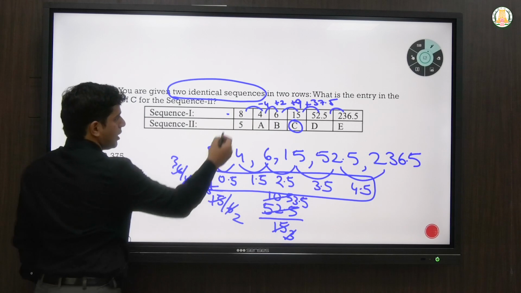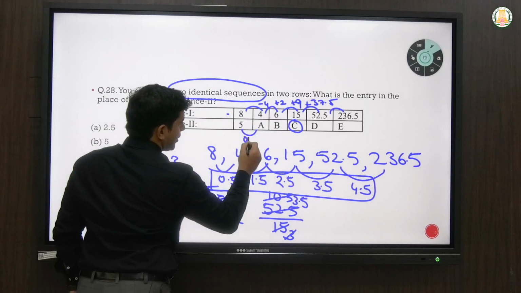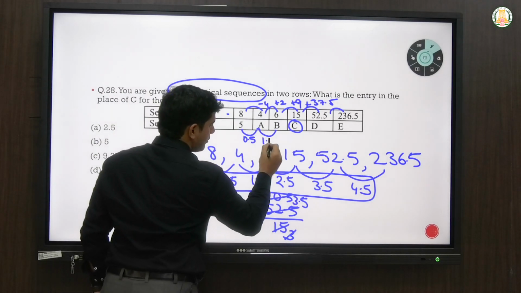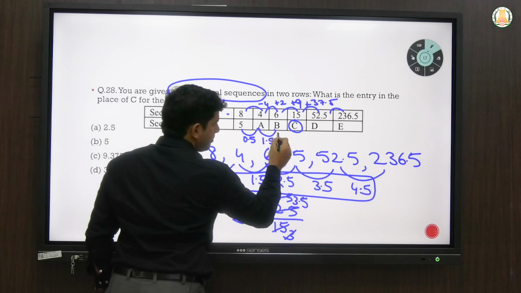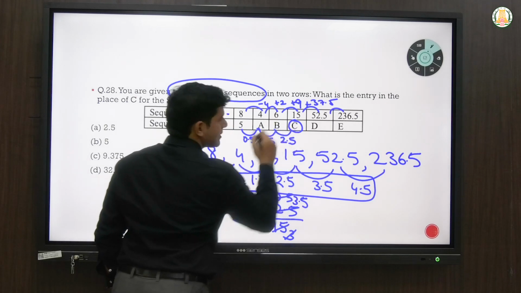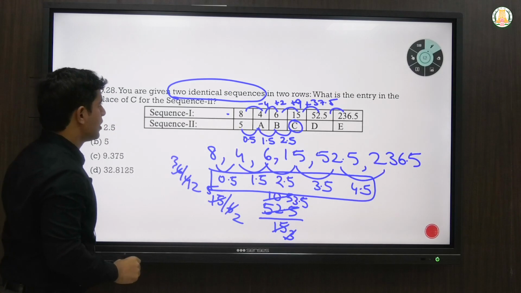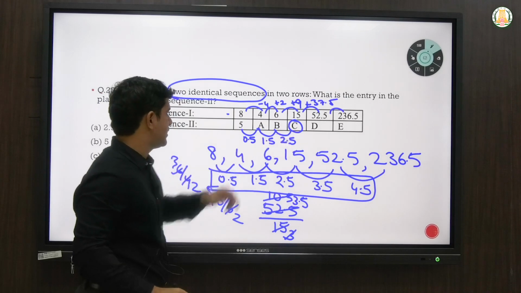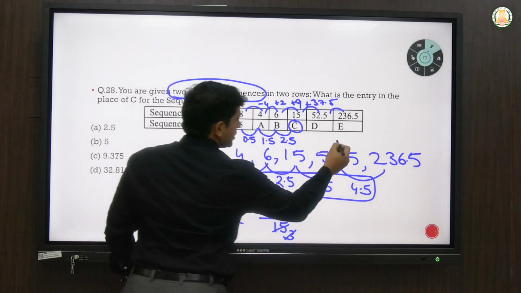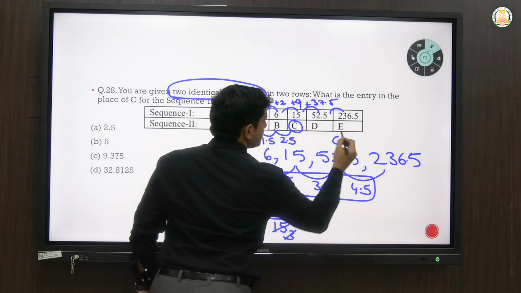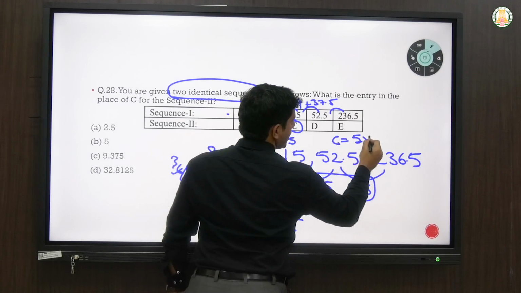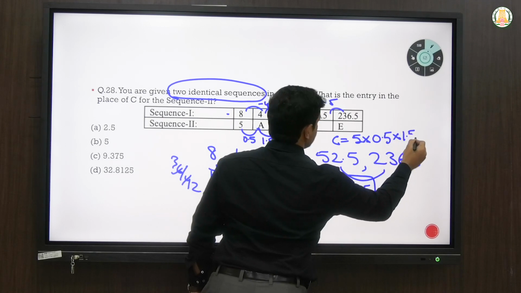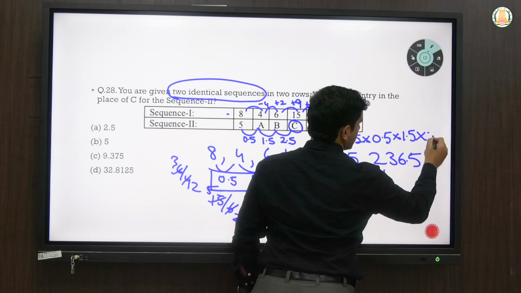That means 5 into 0.5 you will get number A, then this number A into 1.5 you will get number B, then B into 2.5 you will get C. And again you need not find A, B, C separately, you can directly find C by saying that C will be 5 into 0.5 into 1.5 into 2.5.